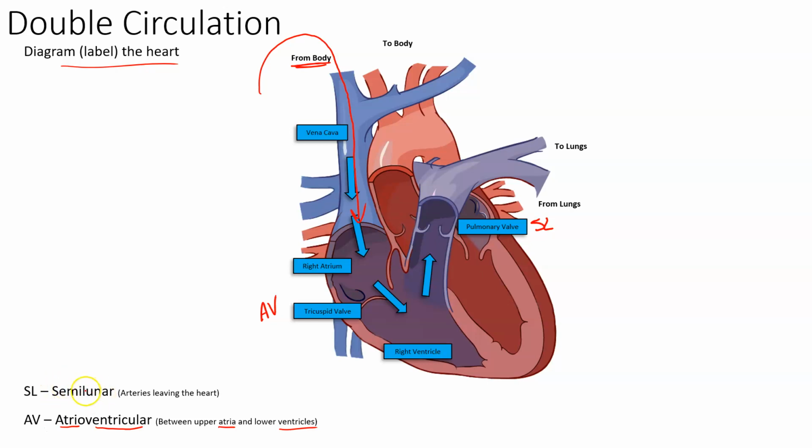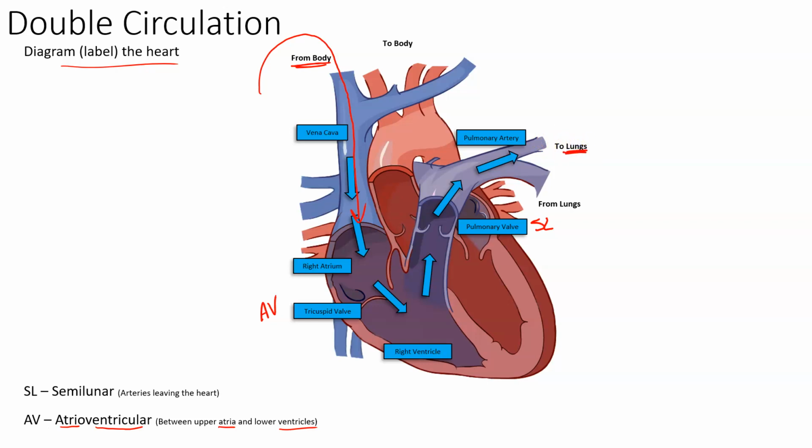Okay? The semilunar valves are the valves that are in the arteries leaving the heart. This one closes, this one opens, the ventricle contracts, pushes the blood into this artery, and once it goes into that artery, it's going to continue to go through the pulmonary arteries, which head to the lungs.